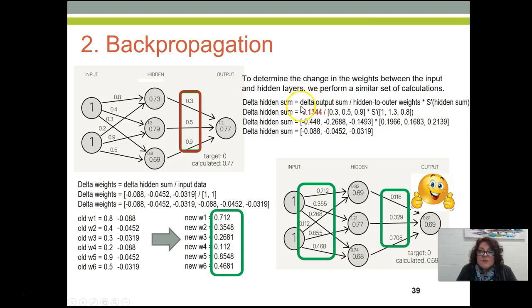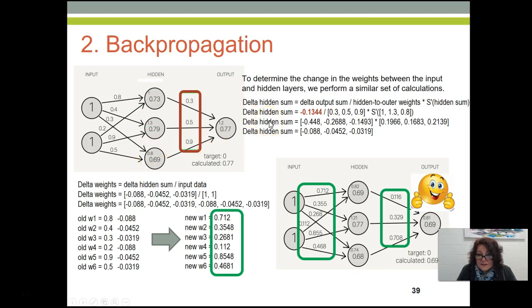So we're going to divide the delta of the output sum, which we already know and have calculated as minus 0.1344, by the product of the hidden to outer weights here, and multiply that by the derivative of the sigmoid function for our hidden sums 1, 1.3, and 1.8.